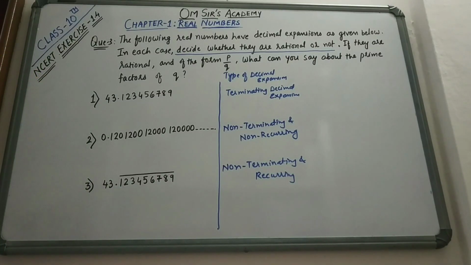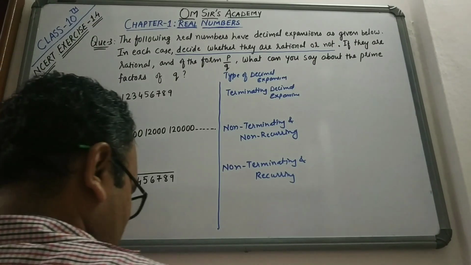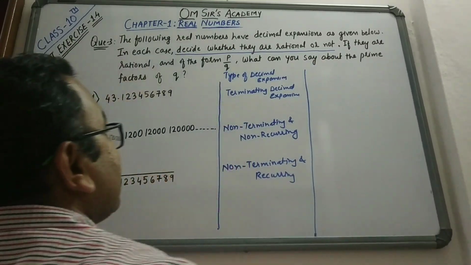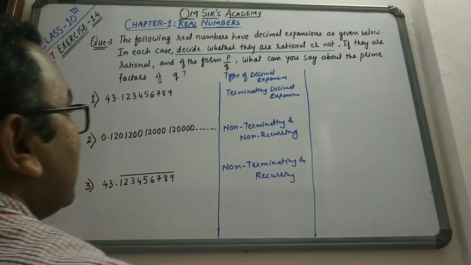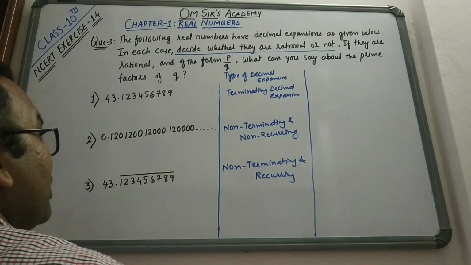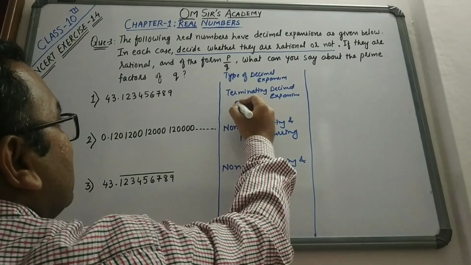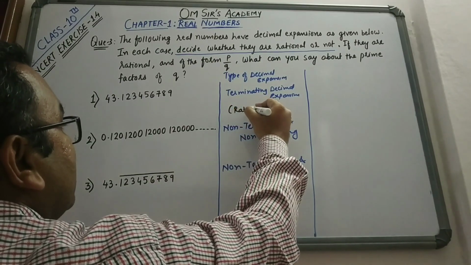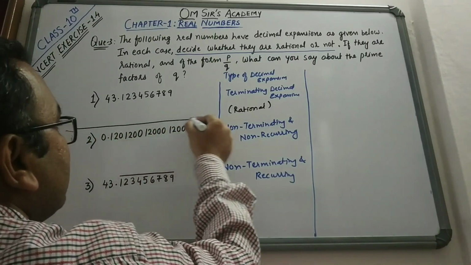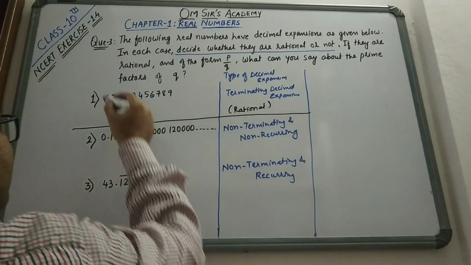Is it clear? So from these types of decimal expansions we can identify whether it is a rational or irrational number. Okay, so we have already learned from the previous sessions that if any decimal expansion is terminating, what kind of number is it? A rational number. So the first one will be the rational number over here.